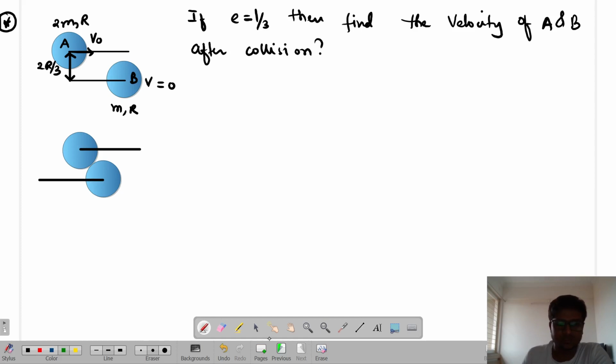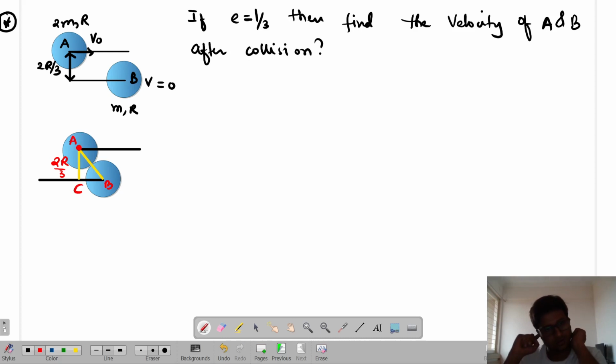This length, we know that this yellow line is going to be 2r, isn't it? We also know that this length is 2r by 3 and this length is 2r. I call them A, B and C.